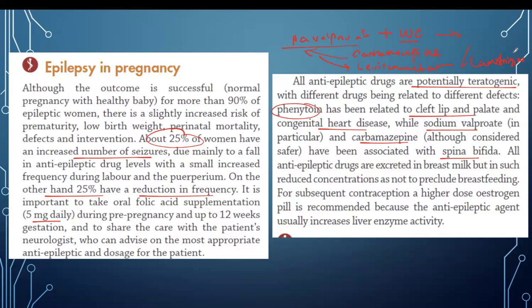These are all newer anti-epileptics. These have lower risk of fetal abnormalities than others like phenytoin, valproate, carbamazepine. So the best option, if the newer anti-epileptic is not in the options, then change valproate to carbamazepine, or if the newer one is in the options, then choose levetiracetam, that's the best, or lamotrigine.